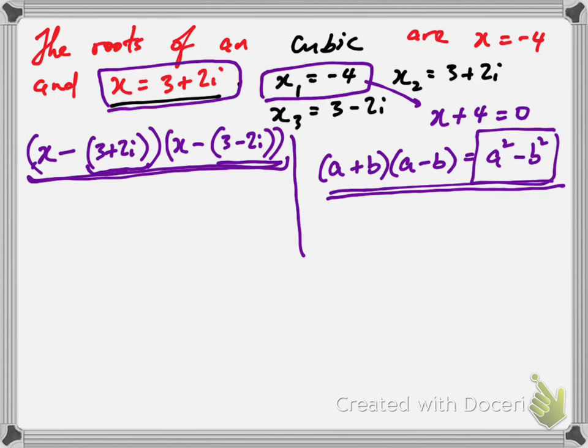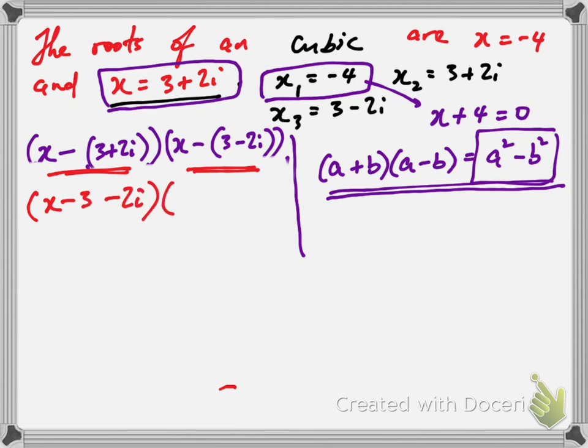Sorry, my bad. What we do next is collect the real components and the imaginary components by opening the inside brackets. We end up with x minus 3 minus 2i times x minus 3 plus 2i.